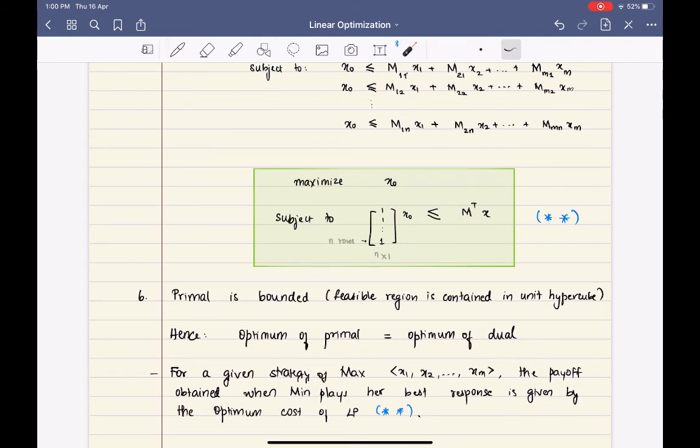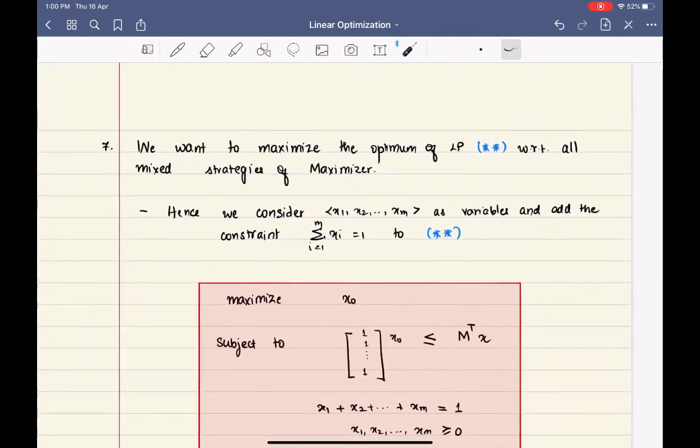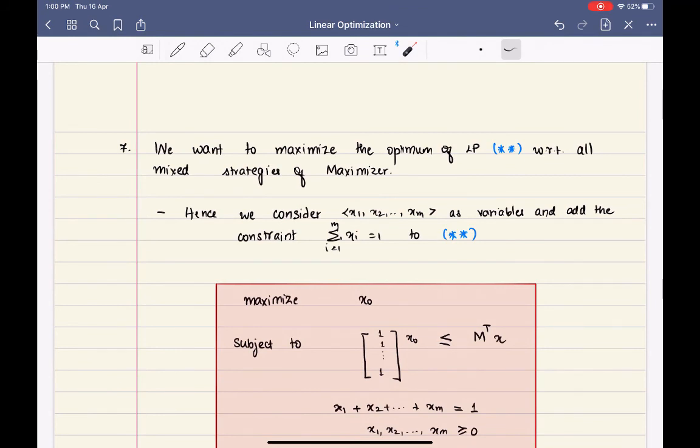But now what do we want? We also want to make these x1 till xm variables, and we want to find, over all mixed strategies, the maximum x0, and that is the final step. So we want to maximize the optimum of the dual LP with respect to all mixed strategies of the maximizer.